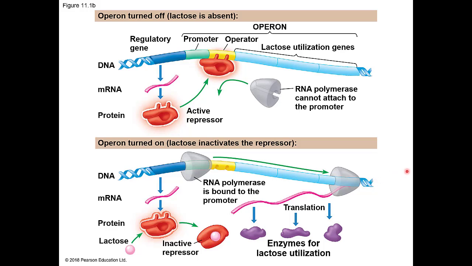This is an operon, which means it consists of multiple genes. So this operon consists of these 3 genes right here. All 3 of these genes are important for the cell's ability to break down lactose and to use lactose as an energy source. Lactose is a type of sugar. Some of the major pieces of an operon include a promoter, an operator, and then we have the genes here that are actually going to be transcribed.